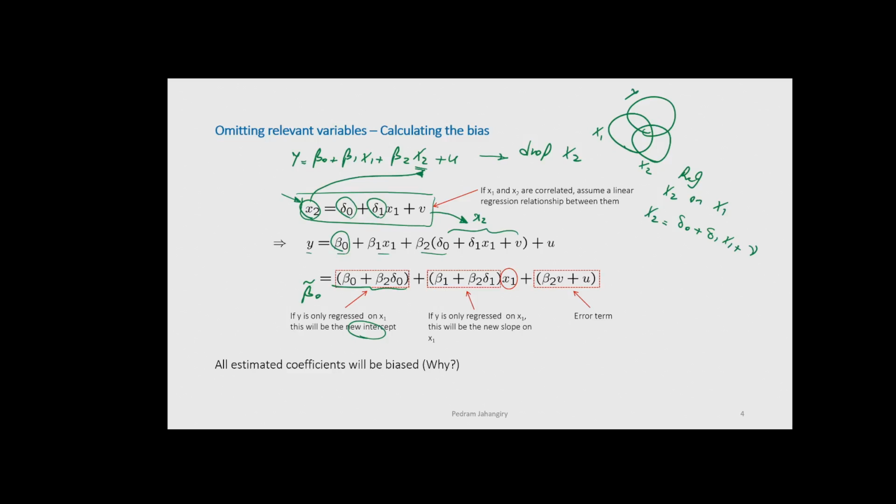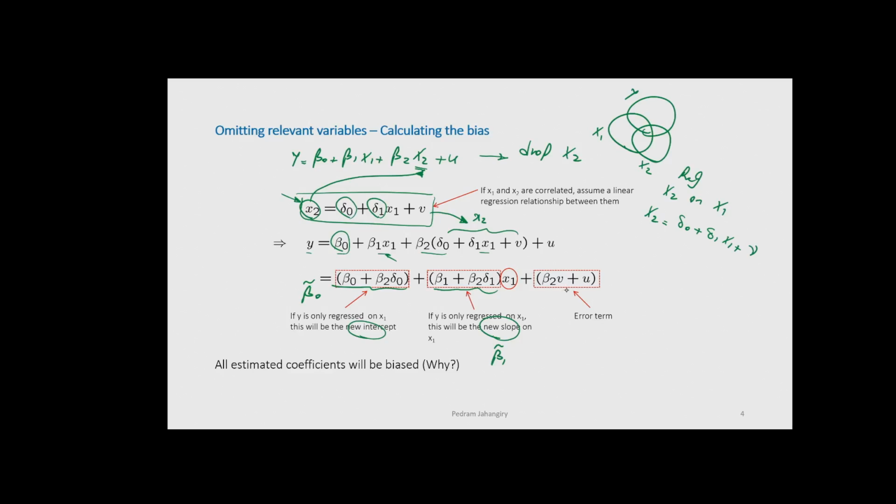Now let's continue. I have beta 1 x1 and beta 2 delta 1 x1, so let's factor out x1. What I have is beta 1 plus beta 2 delta 1, multiplied by x1. This is my new slope, or beta tilde 1.